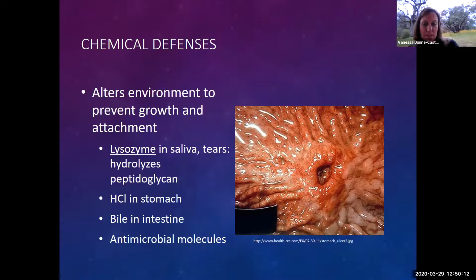But pH 2 is incredibly toxic to almost every single organism, and it is effective at killing just about everything that comes through it, except, of course, organisms that are adapted to that environment. And in fact, we do have an organism that is adapted. It's called Helicobacter pylori. Now, the stomach also has a really great protective layer.